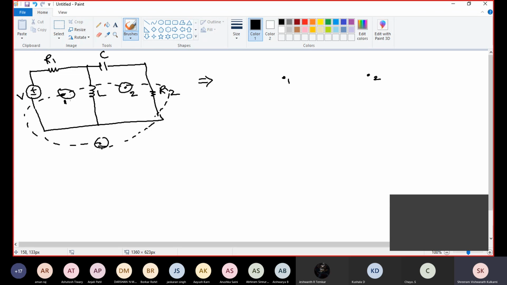Okay, in between node 1 and node 2, what is there?